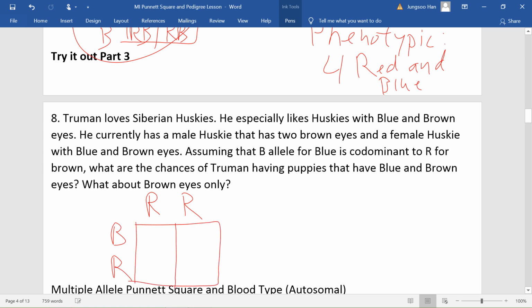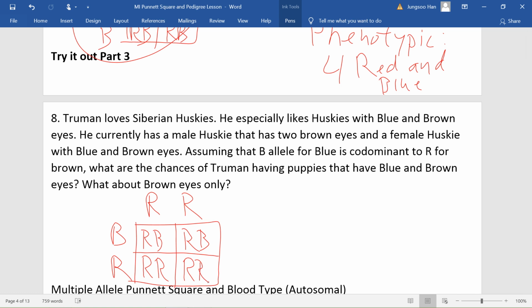Okay, and then so we do the Punnett square.